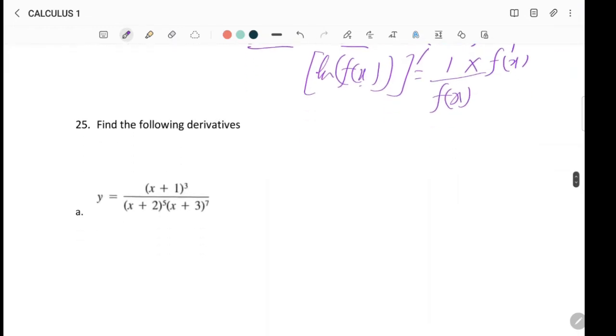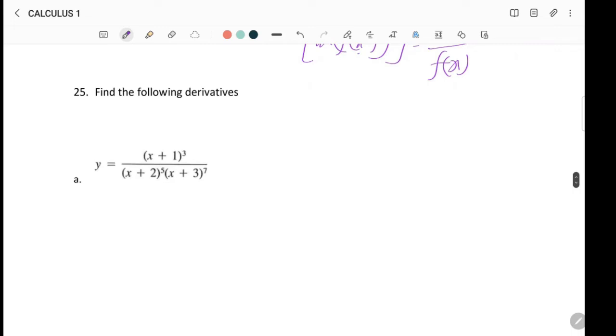Okay, now question 25, a part. Yeah, here you can understand the real application of taking log both sides. It is a bit complex question if we try to use a quotient rule.